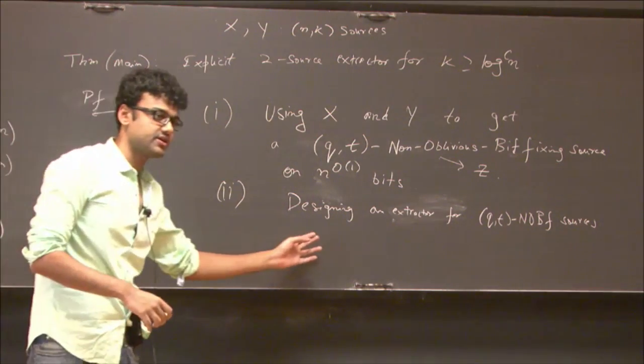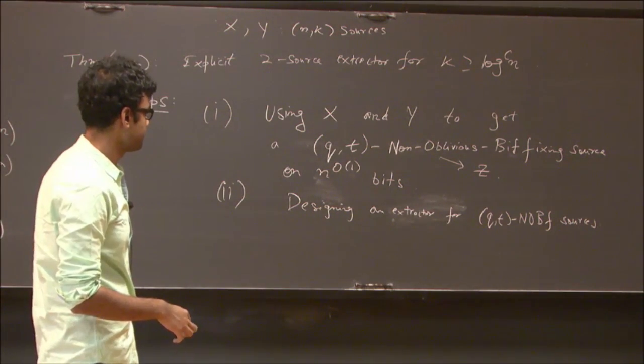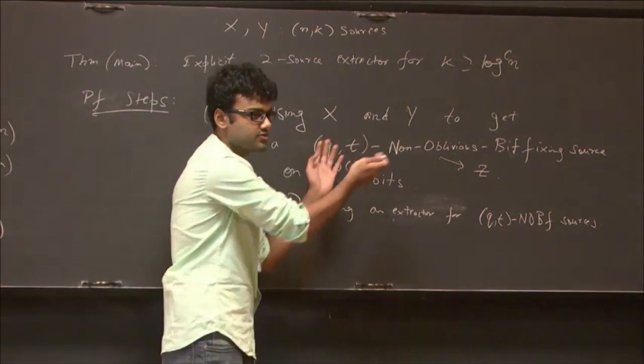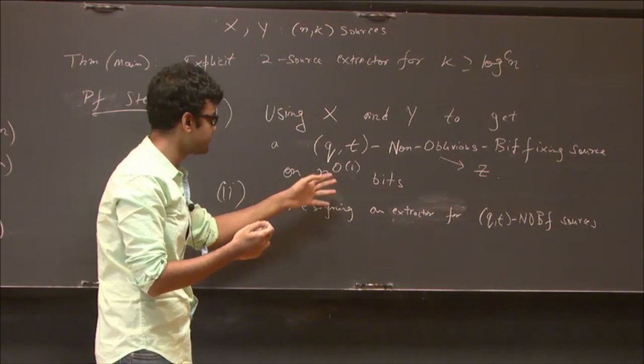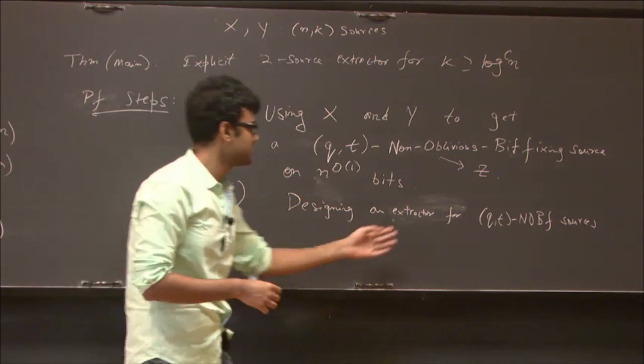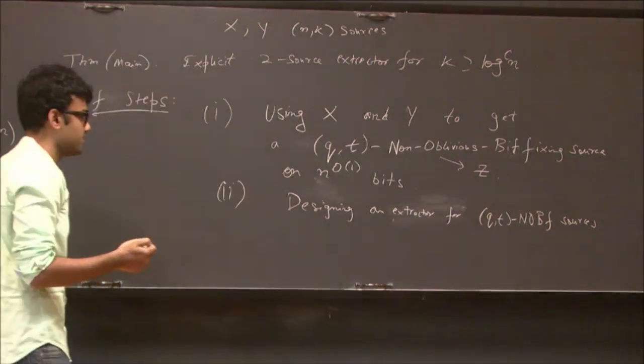Yeah, this is a deterministic extractor. Yeah, because we have already used both our sources, so we essentially forget that we have two independent sources. Now just work on this Z and extract one uniform bit.